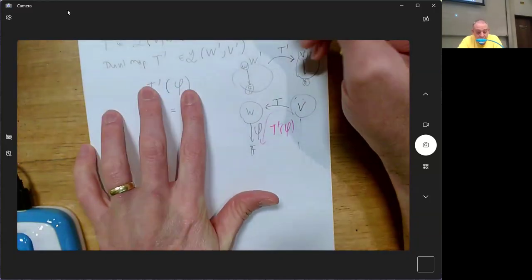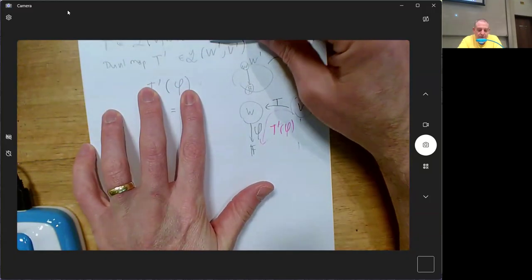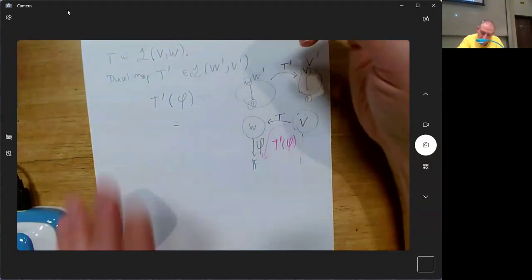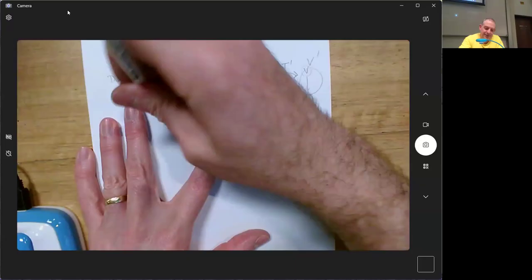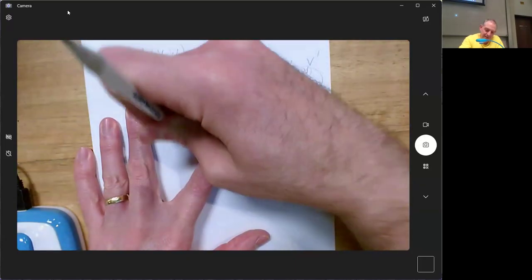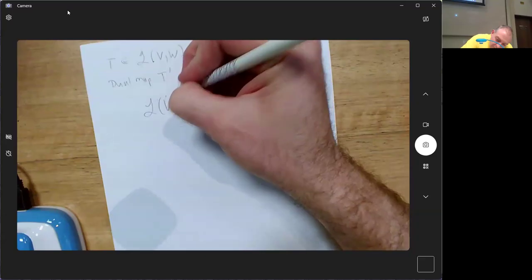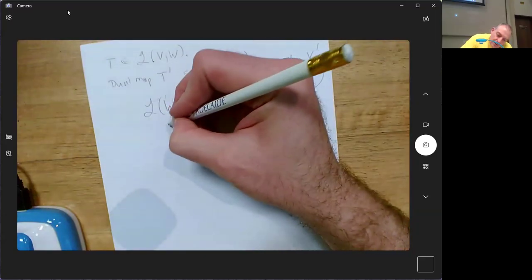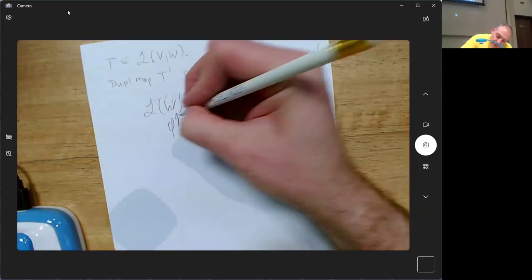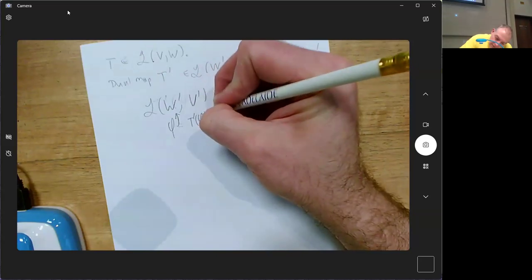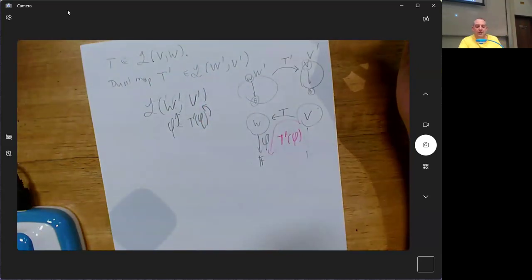T dashed of phi, if phi is in W dashed, T dashed of phi... Wow! So you've got L, W dashed, V dashed. If phi is in here, then T dashed of phi is in here, because that's what L does, it goes from here to here.